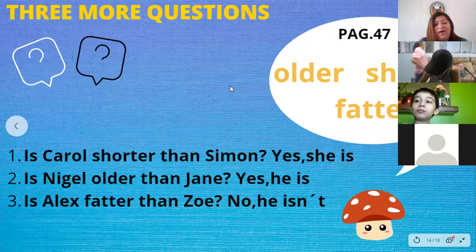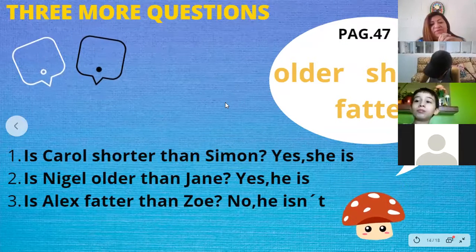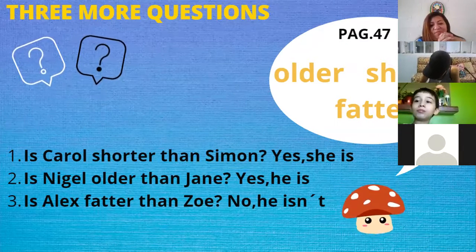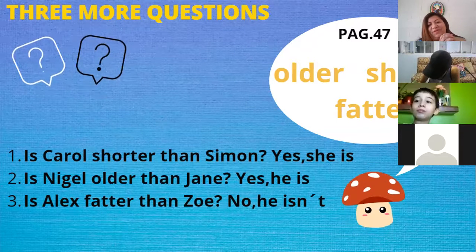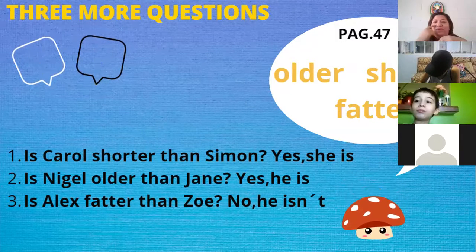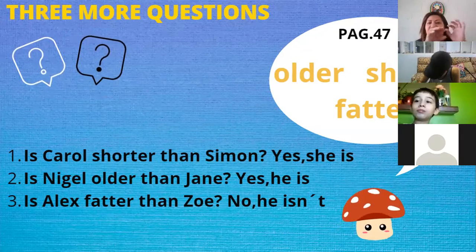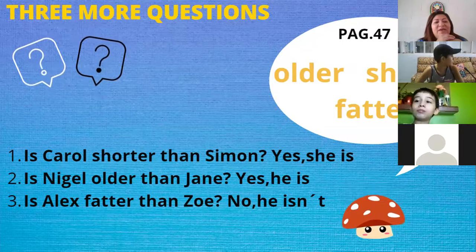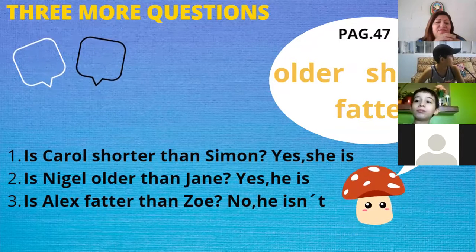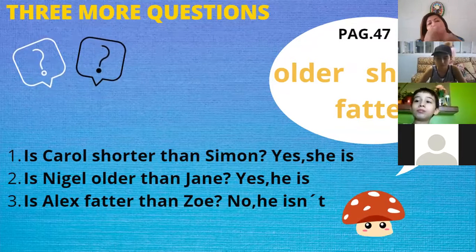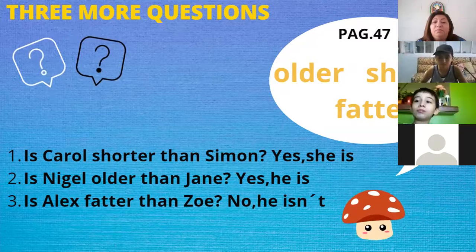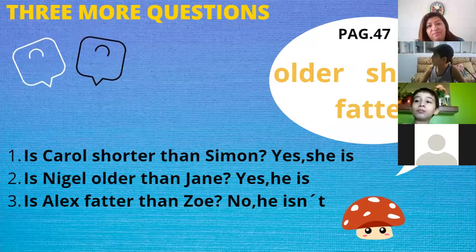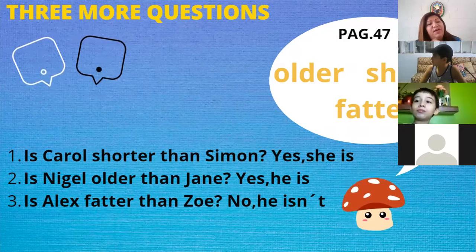Okay, here we have the examples that I just gave you. If you want to use them, it's okay. You can write them down on your book. If you want to change it a little bit, it's okay. Yes, Carlitos, you can copy my own example if you want. Or you can create your own examples, but with the same characters, with Zoe, with Carol.